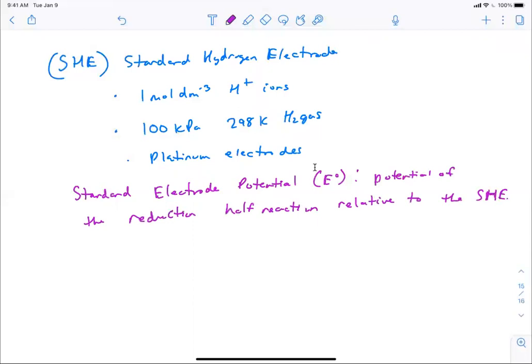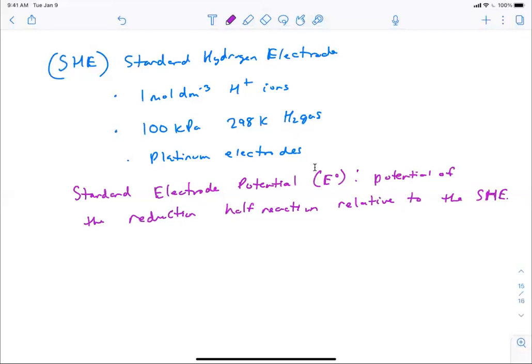And if you get a negative value, then that means that other thing is a better oxidizer. If you get a positive value, that means the other thing's a better reducer, and then the electrons are flowing the right way. So do know that the electrode potential is based on, so know that definition here.